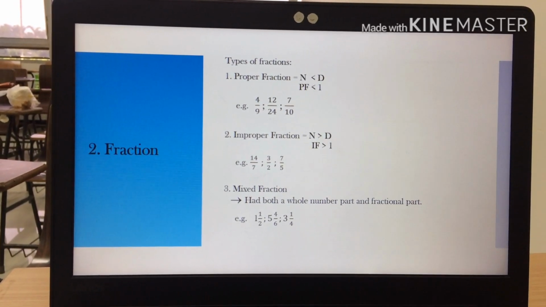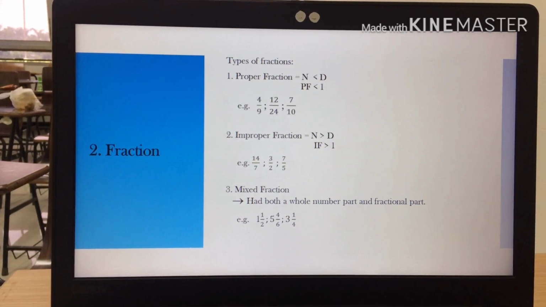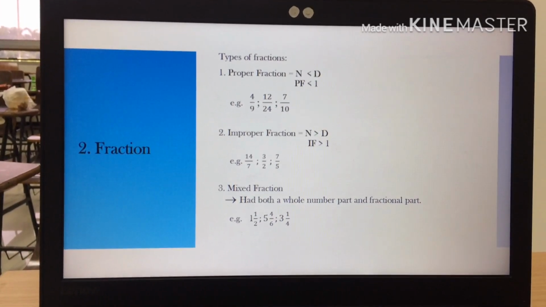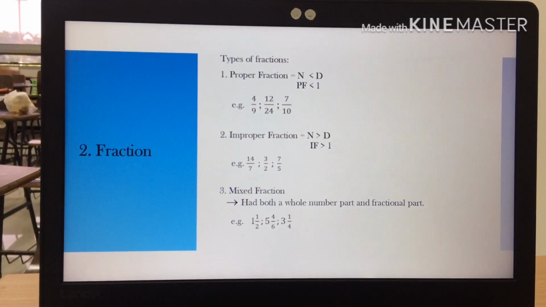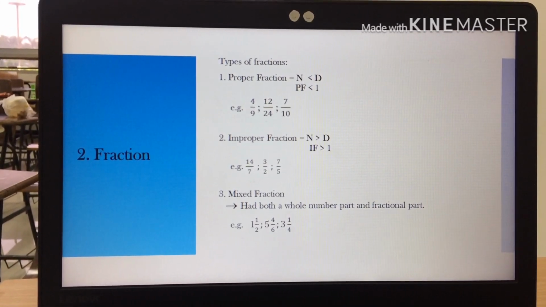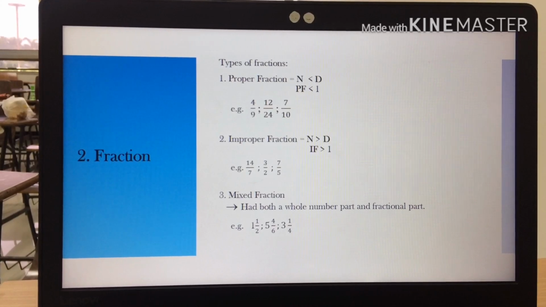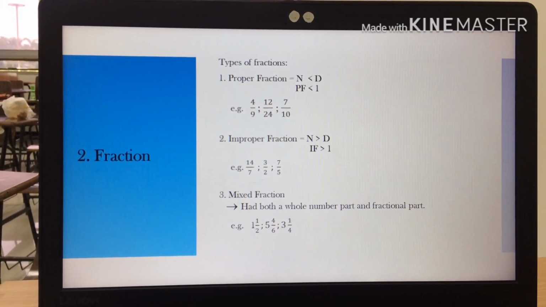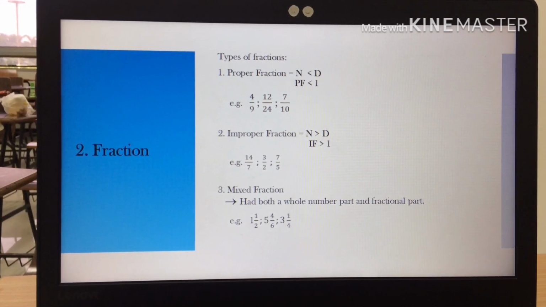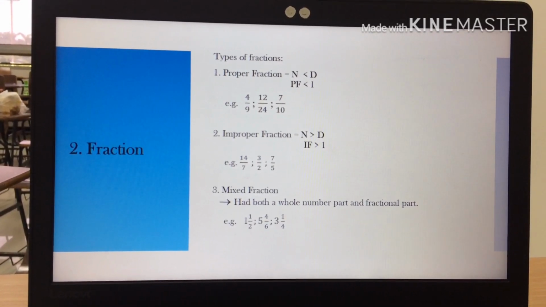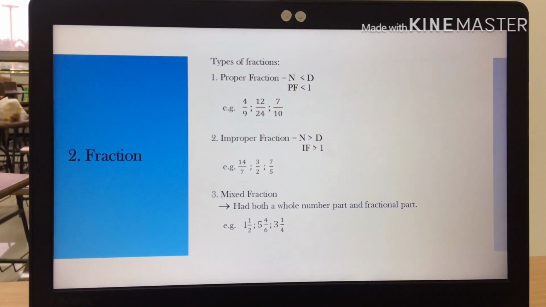The second, improper fraction. Numerator greater than denominator. And the second one, improper fraction greater than 1. For example, 14 over 7, and then 3 over 2, and then 7 over 5.